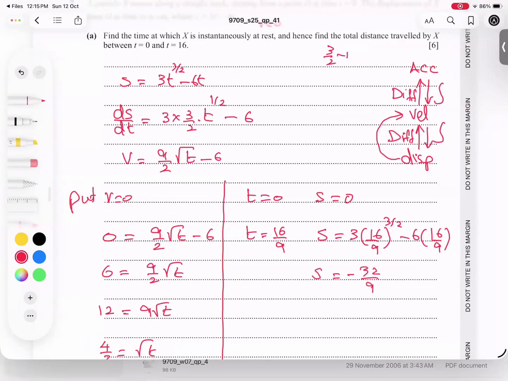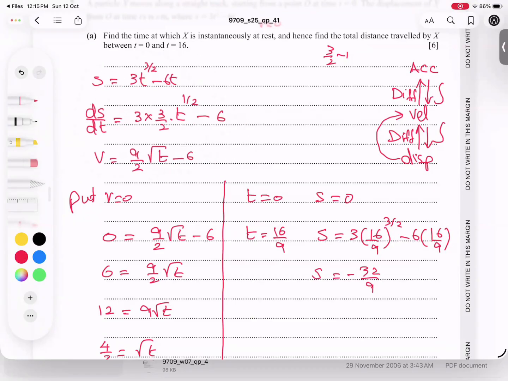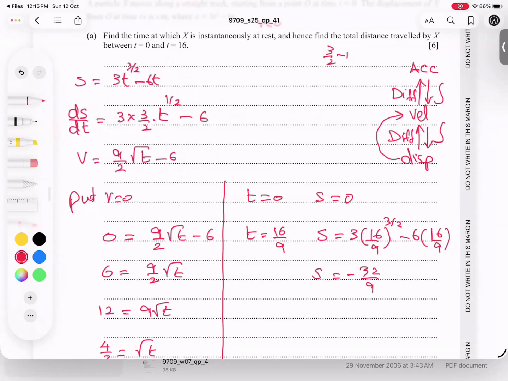What does negative mean? It is going back of the observer. I'm going to show you the situation. Let's say this is the observer. If the particle goes away, we take displacement positive. When the particle goes backwards, we take negative. That is why this negative means it is going backwards.